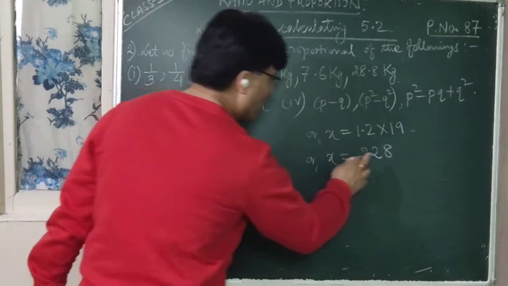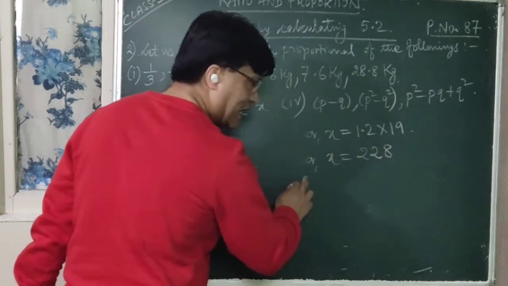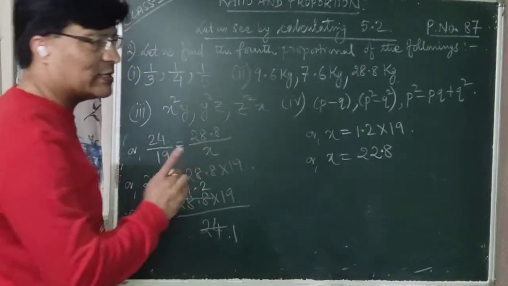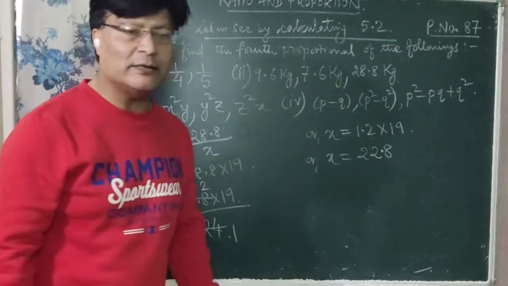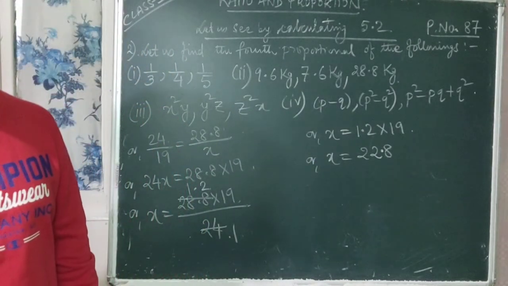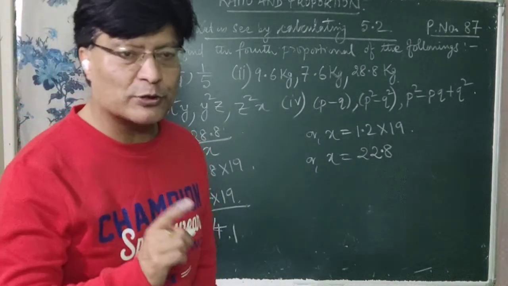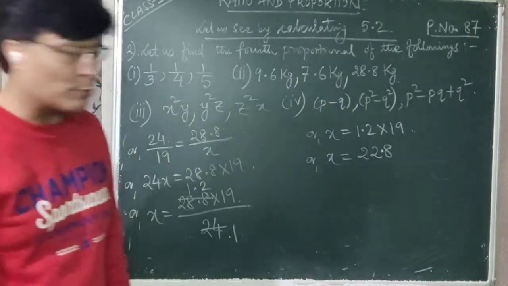So before one figure from the last, you have to write down the decimal point here. That is, before 8, you should write down the decimal point. So what is the value for x here? It is 22.8. That we had assumed, let the fourth proportional be x kg. That means we have got the fourth proportional.